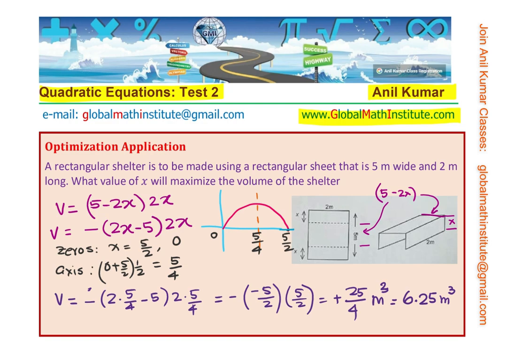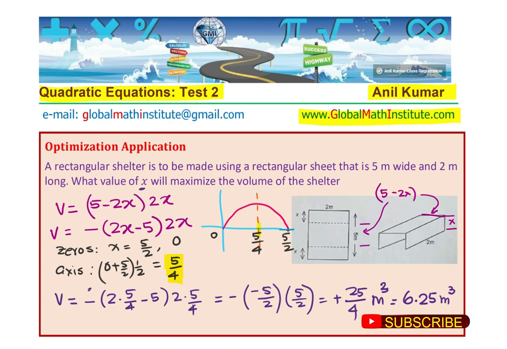You get the idea? So we say what value of x will maximize the volume. We really are not interested in the volume, but we were only interested in the value of x to maximize, right? So the axis gives you that answer. So the value of x which maximizes is x equals 5 by 4 meters, right?